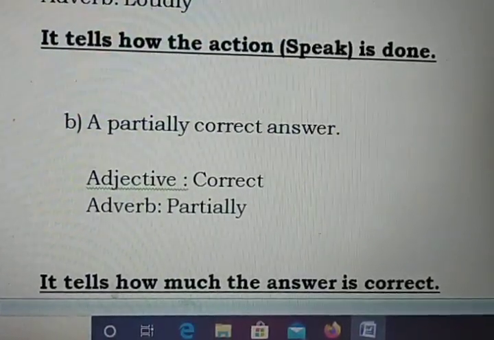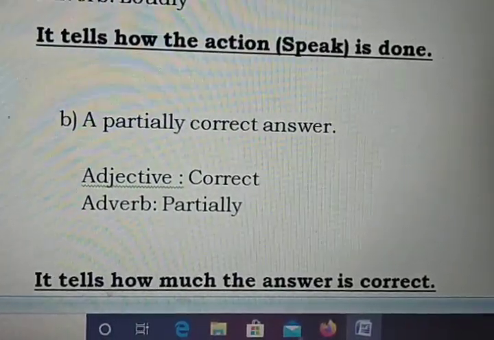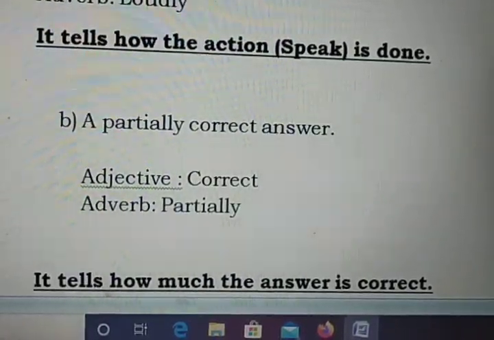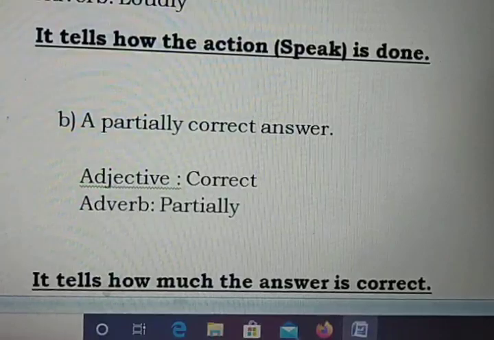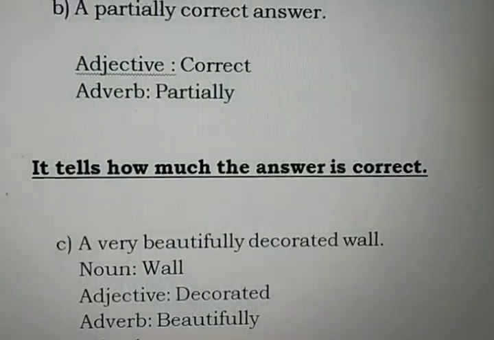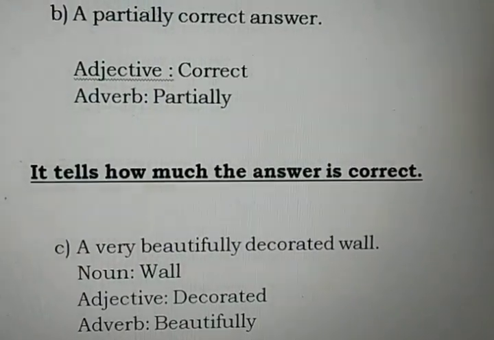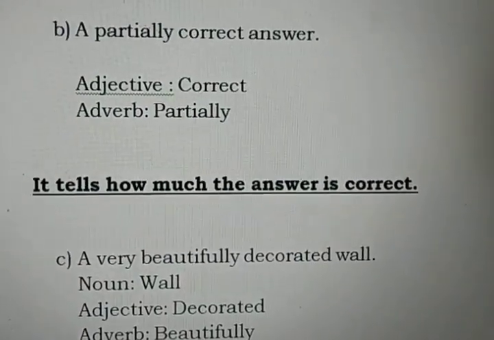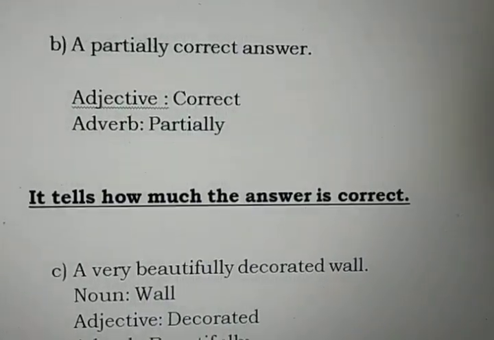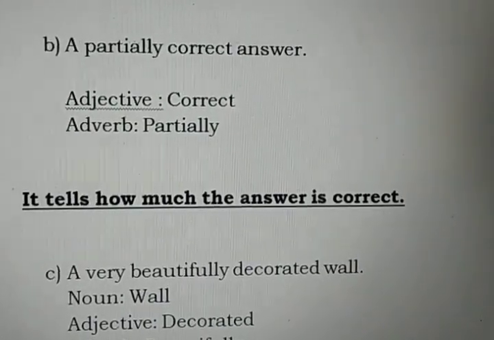It simply is trying to modify an adjective. So partially is your adverb that is modifying the meaning of adjective. That is correct. So it tells how much the answer is correct. Partially, fully, completely, like this. Let's come to third example.